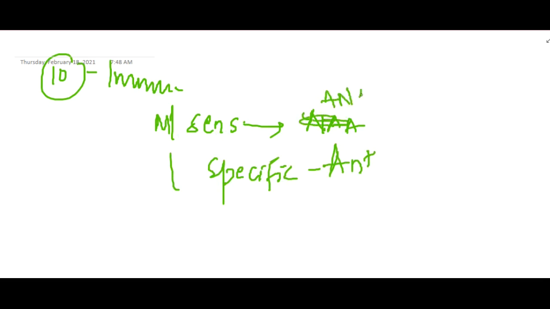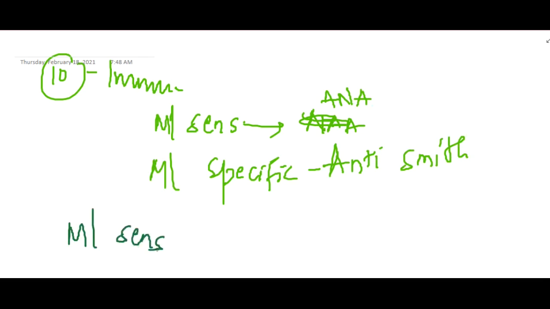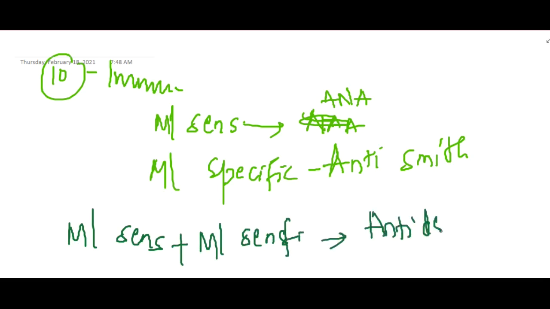If you were asked what is both most sensitive and also most specific, it is anti-double stranded DNA antibody.